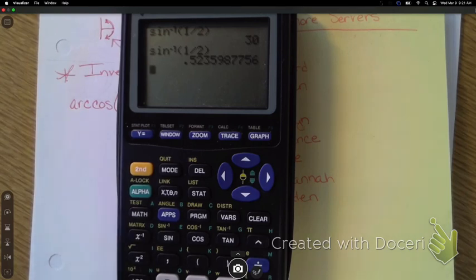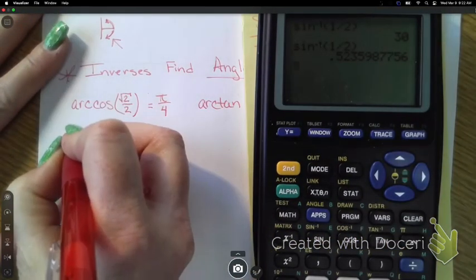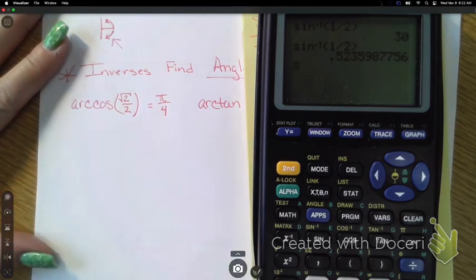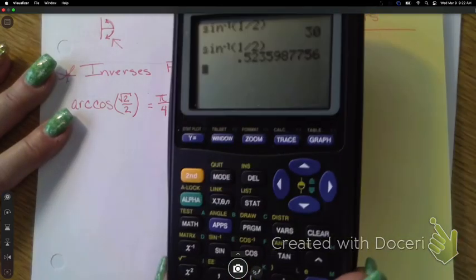So arc and inverse are the same, correct? That's right. Do we need to go over any more how to use your calculator?